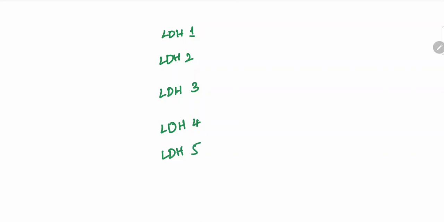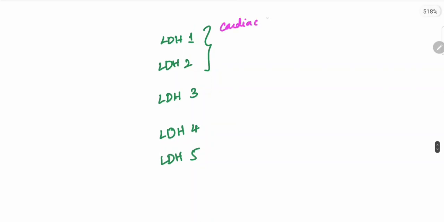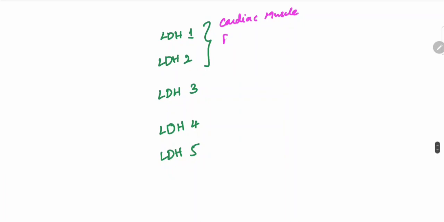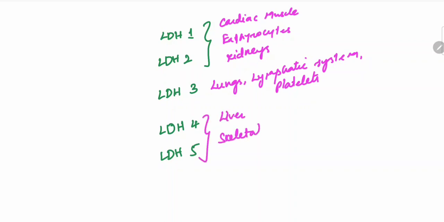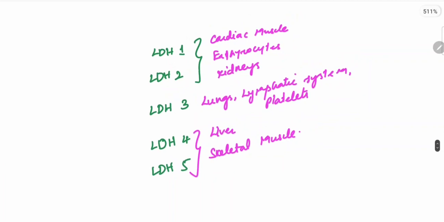Of these, LDH1 and LDH2 are found in cardiac muscle, erythrocytes, and kidneys, and LDH3 is present in lungs, lymphatic system, and platelets. LDH4 and 5 are present in liver and skeletal muscles. Right, I hope you guys are clear with glycolysis.